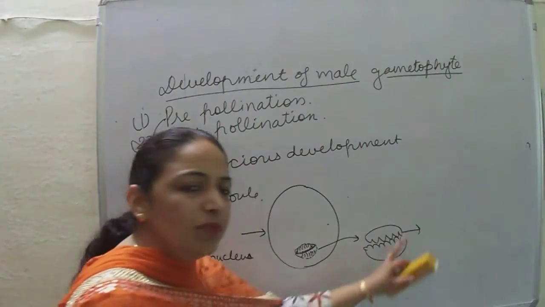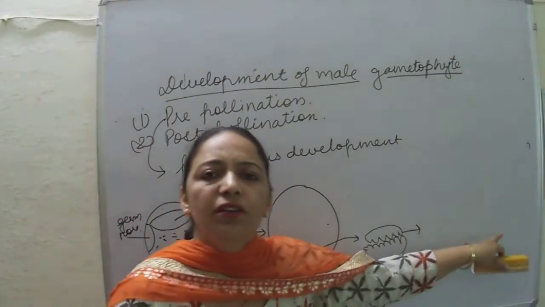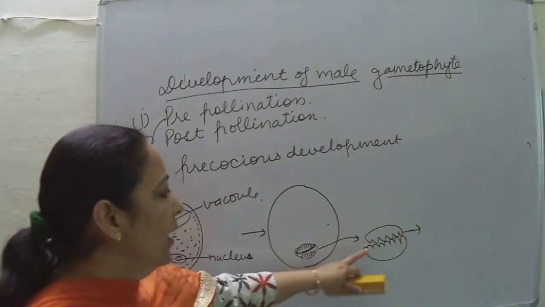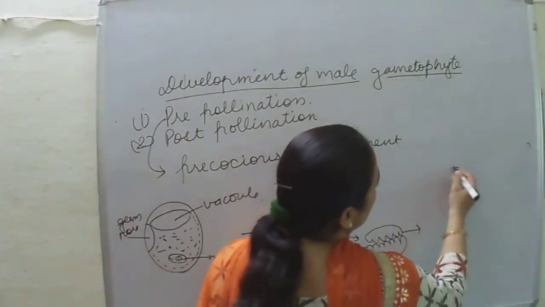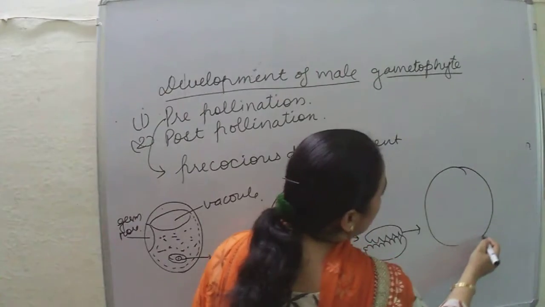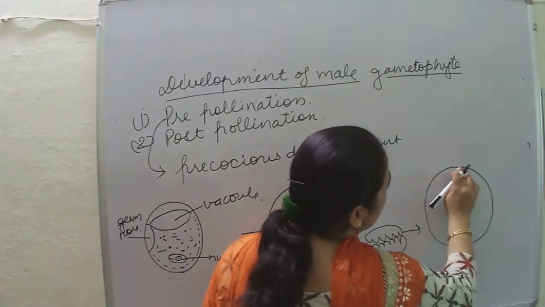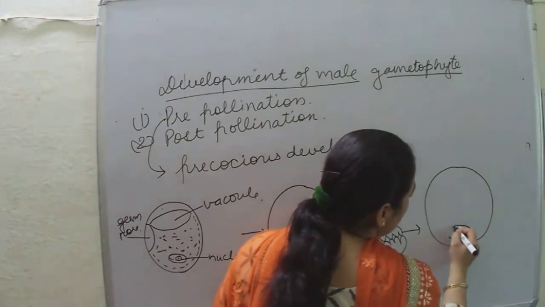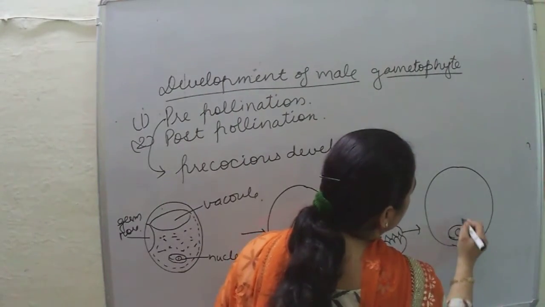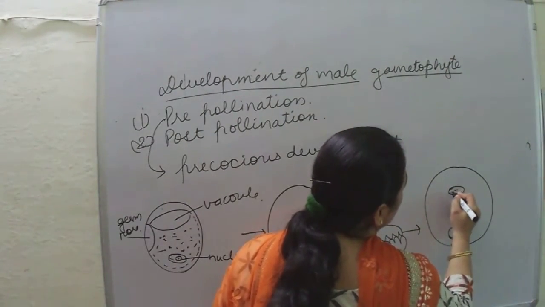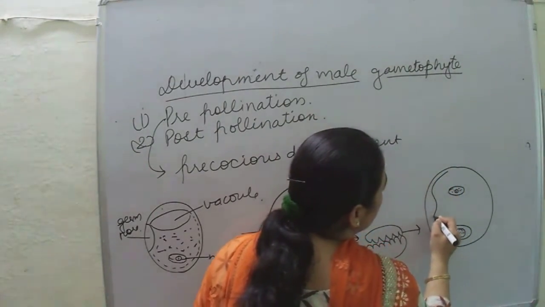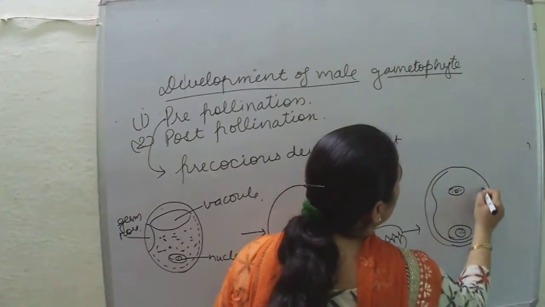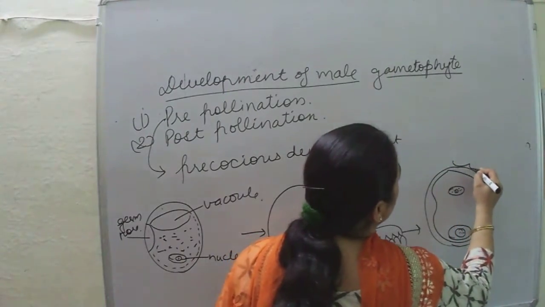But these cytoplasmic connections break up as the development moves further, and both nuclei move apart from each other, and one starts behaving as vegetative and the second starts behaving as generative. Now the shape of the pollen grain is like this.